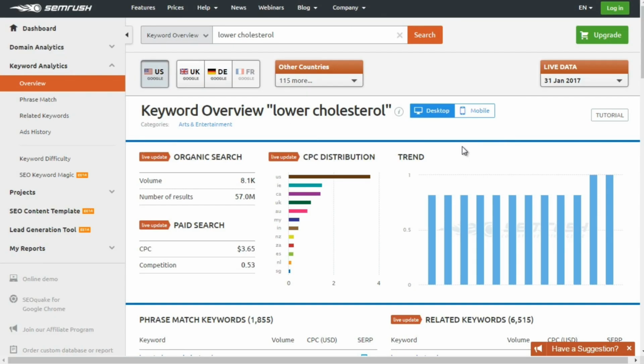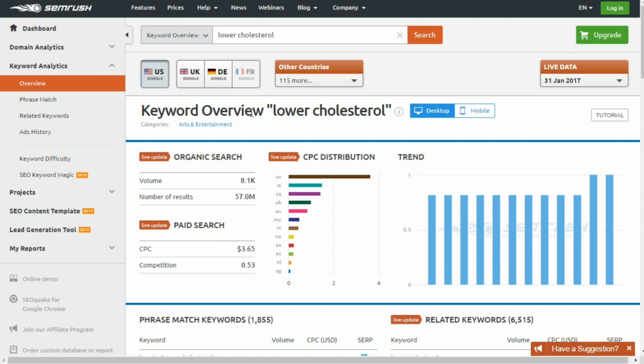So there are several tools that you can use that don't cost you any money to try to figure out topics that are in demand, that people are searching for. And the two sites are Google and Semrush. Now, Semrush does cost money, but at the same time, they do allow a free search, which gives you a limited amount of topics.